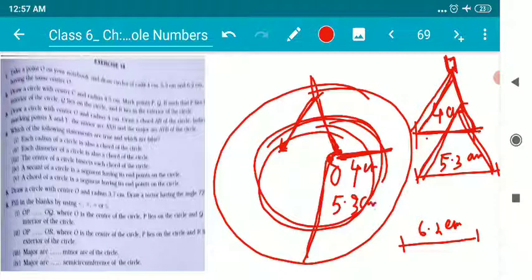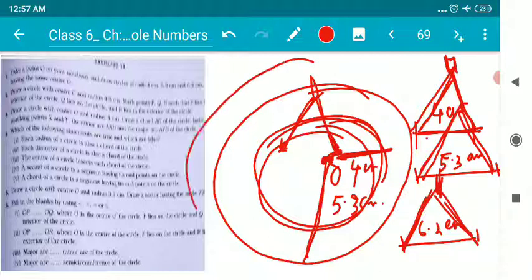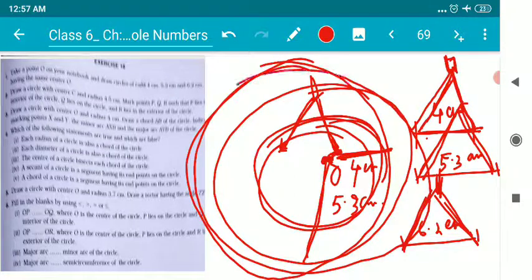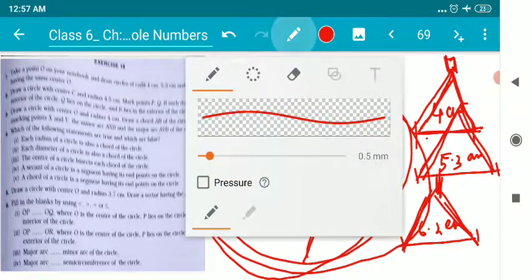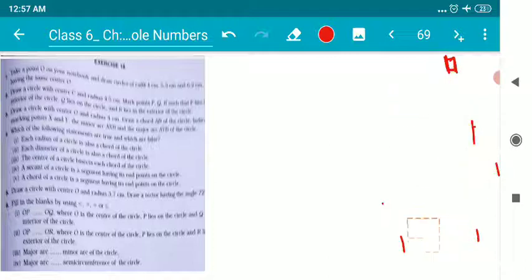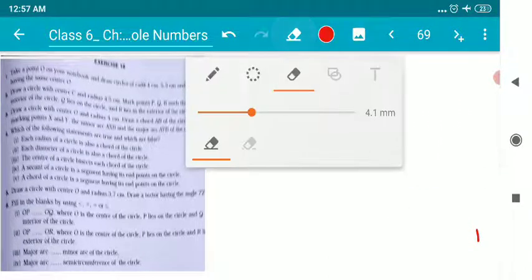So children, the radius of this circle will be 5.3 centimeter. Okay, now I'll take the compasses. I'll measure this line segment 6.2 centimeter using compasses. I'll place at O and I'll give one arc and draw one more circle. So what will be formed, children? Three different circles will be formed sharing the same center.